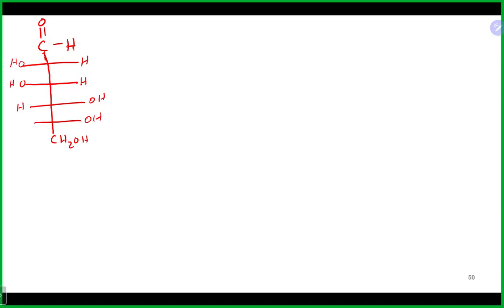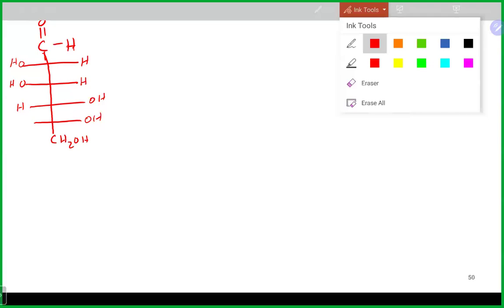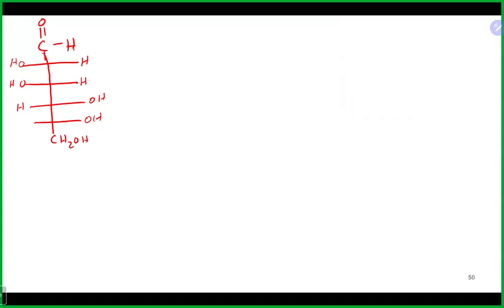Okay, so we have this made up carbohydrate here, and we want to turn it into a cyclic structure. Once again, as we've been talking about, everywhere these lines cross, there are carbons.